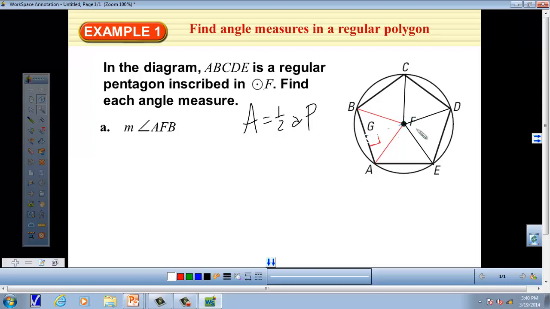That means that each of these angles should be equal. To find the measure of angle AFB, since there are 5 sides, there are 5 angles. So to find this, we would do 360 divided by 5, and 360 divided by 5 is 72.